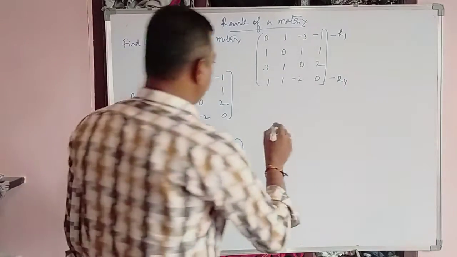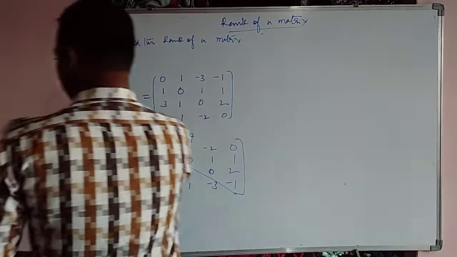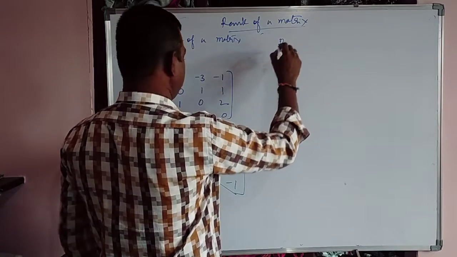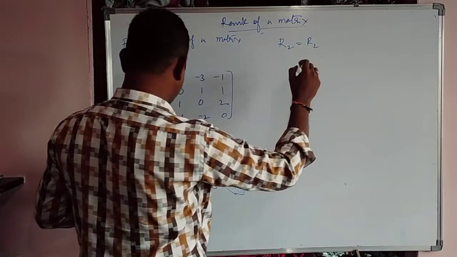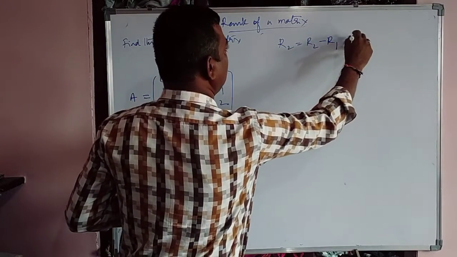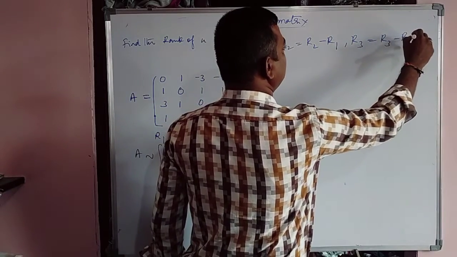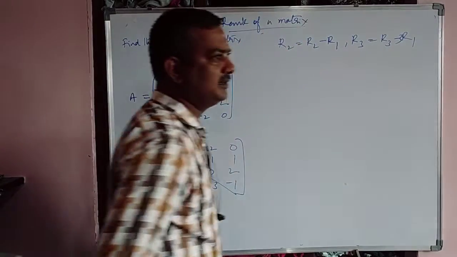So what I am doing is very simple. I am going to apply R2 equal to R2 minus R1, and R3 equal to R3 minus 3 times R1.